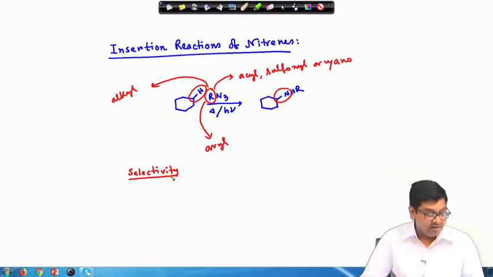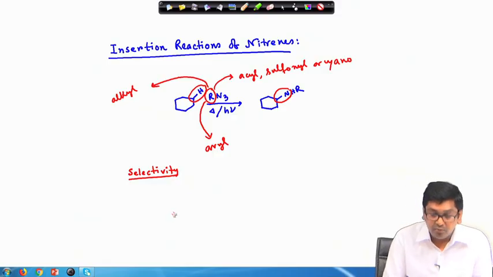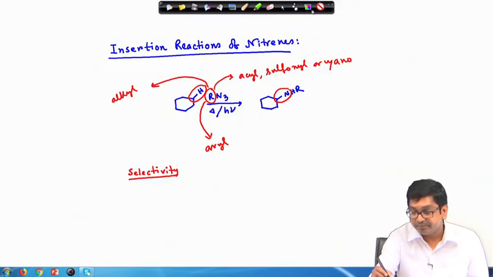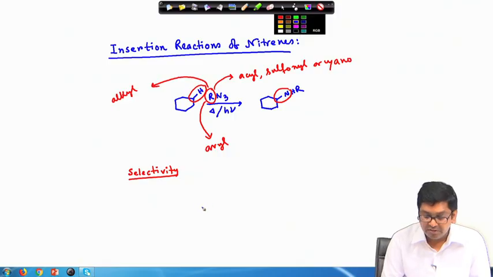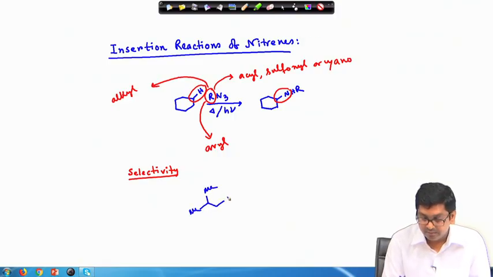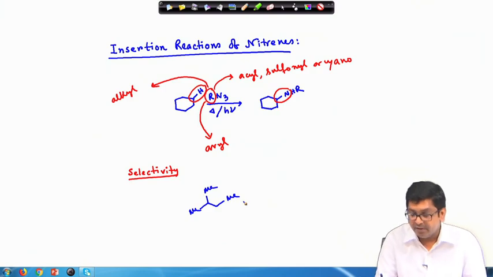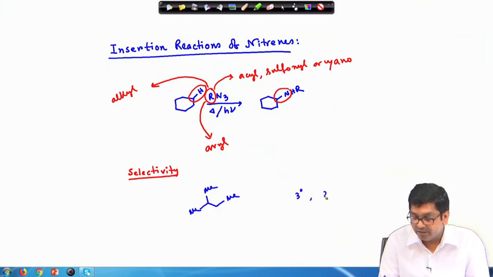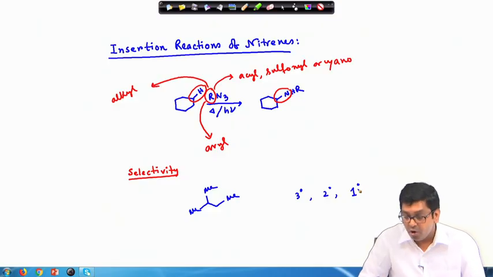For example, if you take a compound like 2-methylbutane, it will have 3 degree, 2 degree or 1 degree, that means tertiary, secondary or primary carbon hydrogen bonds.